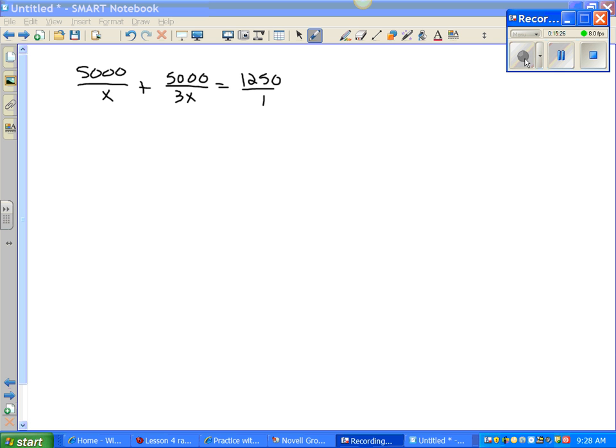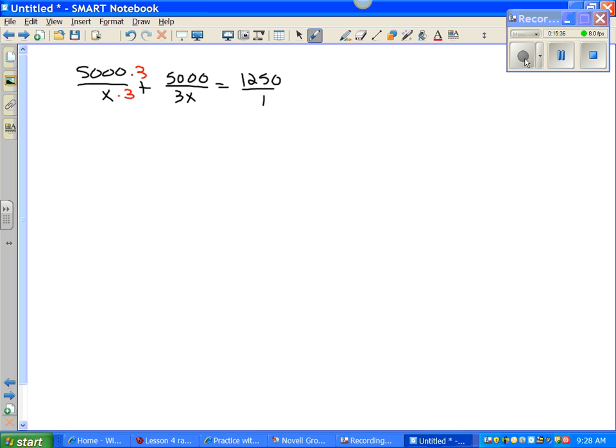Okay, what's the common denominator? 3x, yeah. So what are you going to multiply x by? And 5,000? So this becomes 15,000 over 3x plus 5,000, right? Didn't need to change the second one. Okay, now what? Do you have one fraction equal to one fraction? So what do?